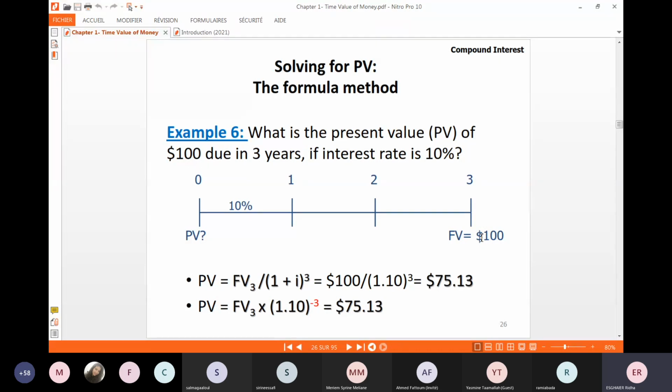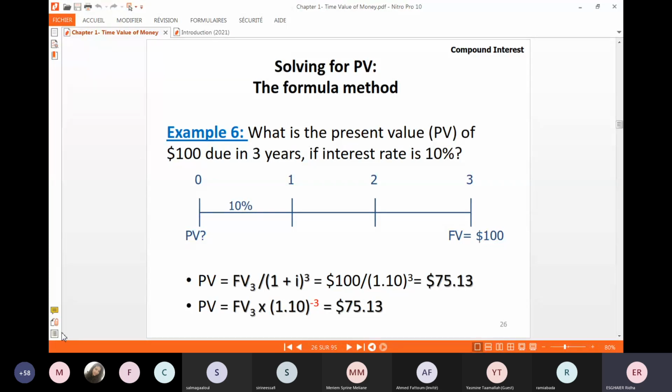So if you decide to reimburse the money today, not 3 years from now, you will pay your friend only 75.13, because if he gets the 75.13 today, he can invest it at 10% during 3 years. He will get the $100. In this case, the 10% is called an opportunity cost.